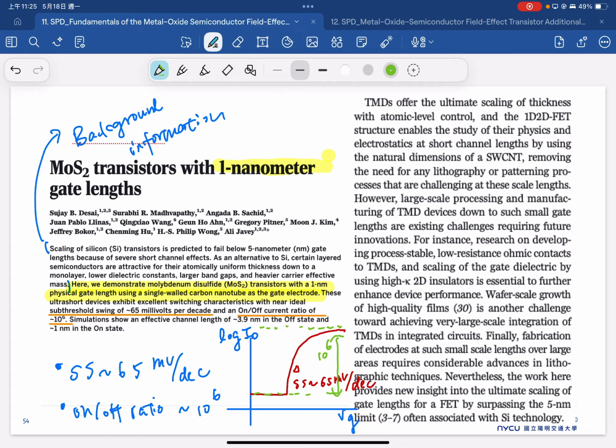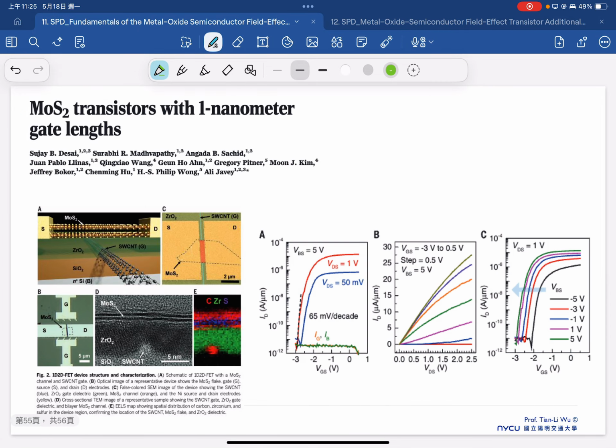This paper is not that long. It's worth reading. The rest is more detail. This just shows you that the knowledge that you have now is enough to understand this paper. From the first paragraph, we can already foresee the key result from this paper, and the rest is just details.